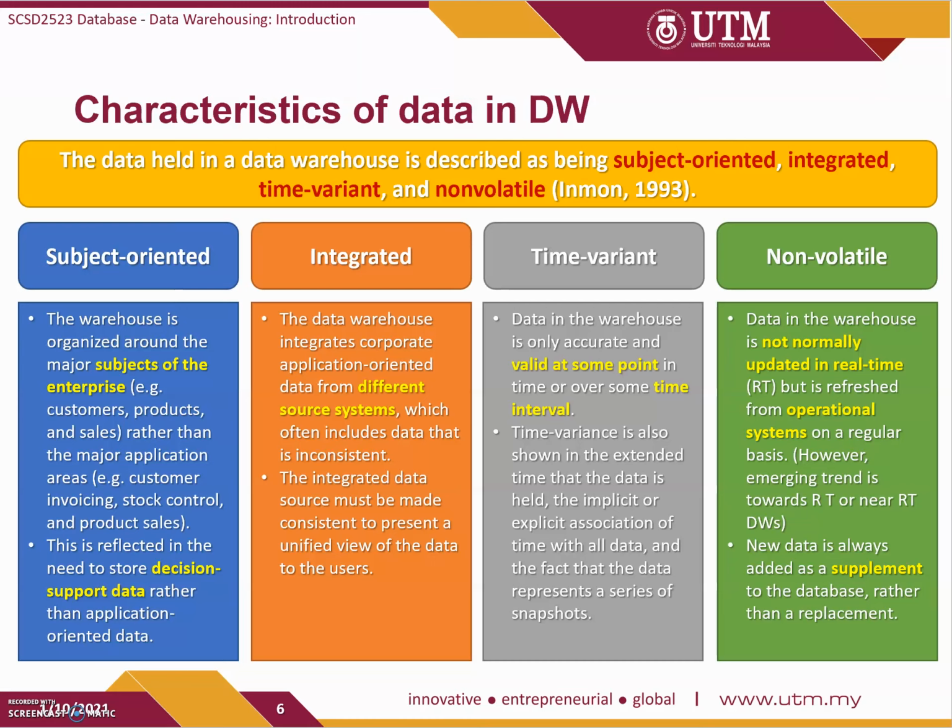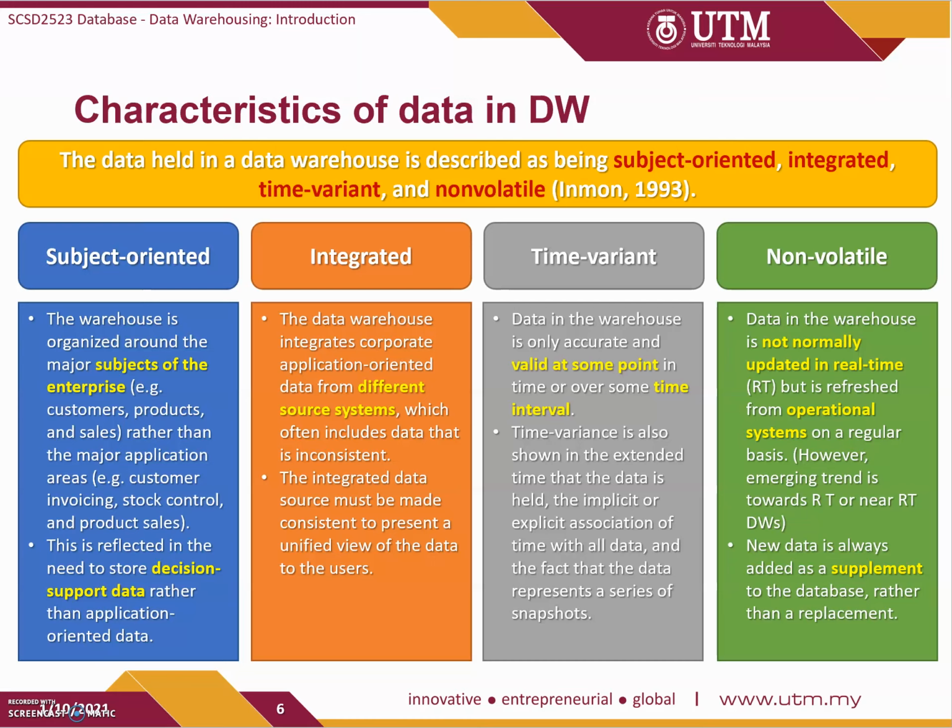The data warehouse is organized around the major subjects of your enterprise. So customers, products and sales are organized in their own tables, rather than around the major applications of the area, for example customer invoicing, stock control, or product sales. This reflects the need to store decision support data rather than application-oriented data. You want to support the decision.